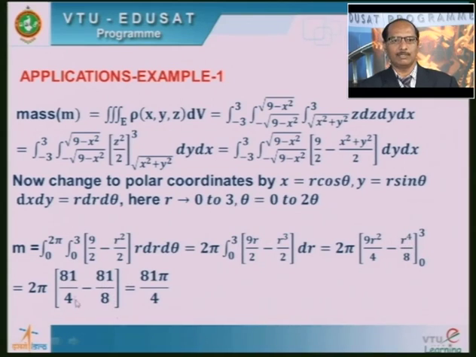Simplifying 81 by 4 and 81 by 8, it becomes 81 by 8, and the 2 cancels. So 81 by 4 pi is the value of the mass using the mass formula. So the mass value is 81 upon 4 pi. This completes the evaluation of the mass using the triple integrals.